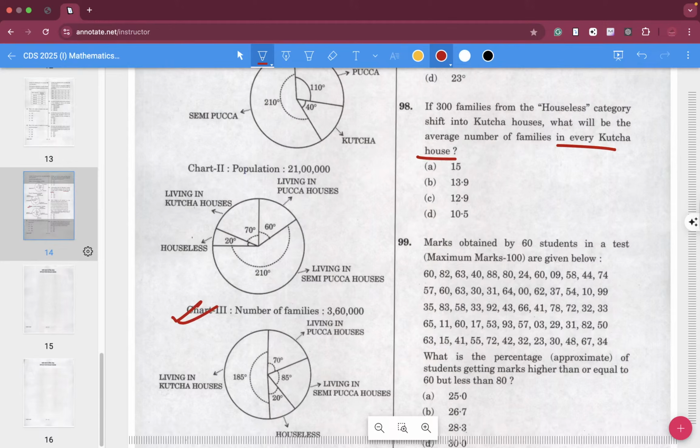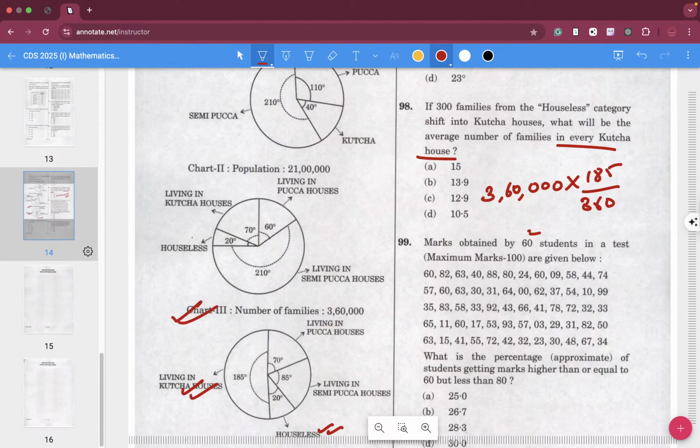So first of all, let's find out the shift to kacha houses. These 300 homeless people are shifting into kacha houses. So what is the number of families living in the kacha houses? It is 3,60,000 into 185 degree by 360.